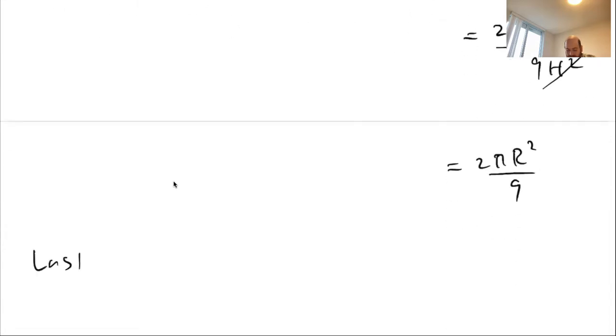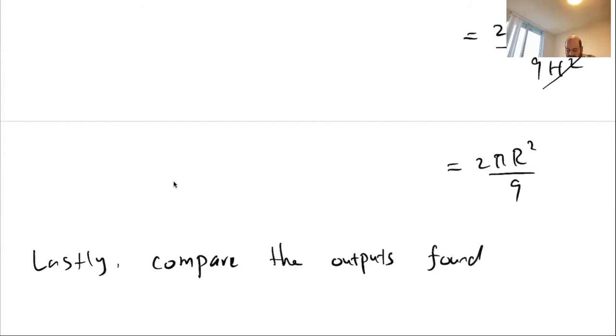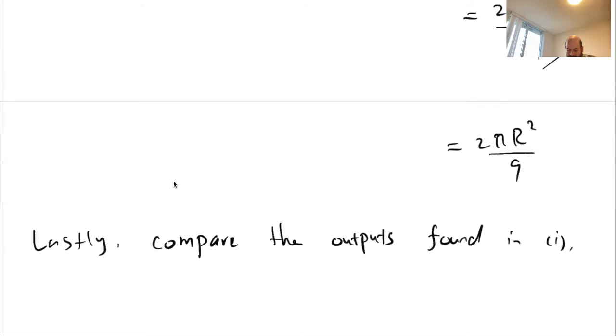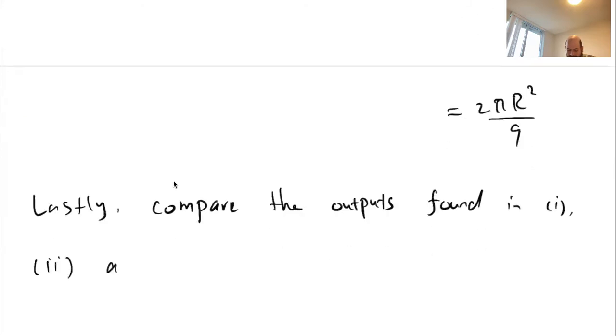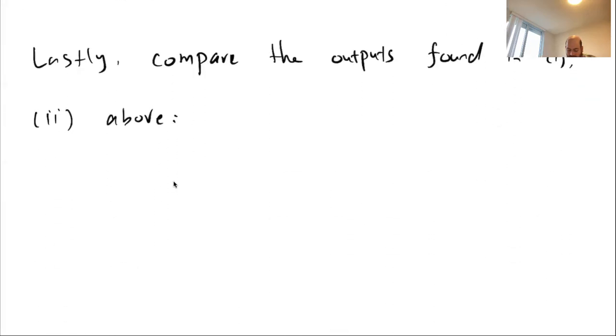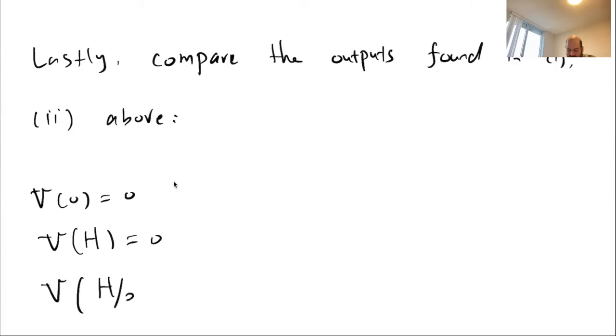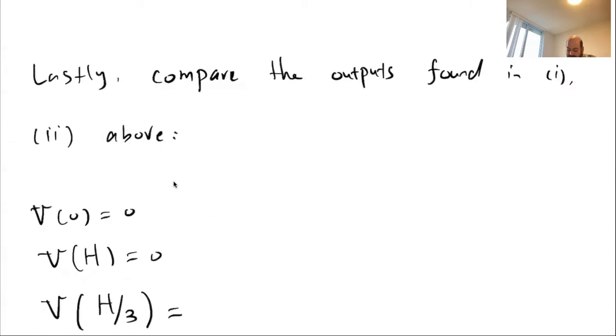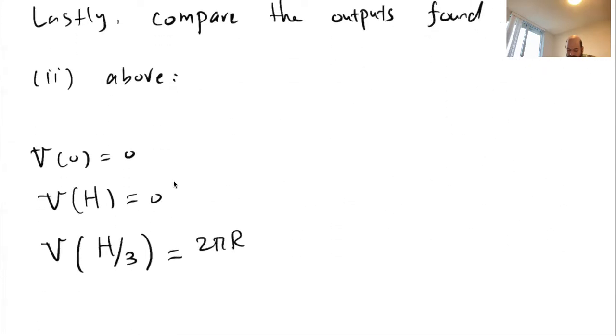So lastly, we have to compare the outputs found in 1 and 2 above. We have V of 0 equals 0, V of capital H equals 0, and V of capital H over 3 is 2 pi R squared over 9. So which one is the smallest?